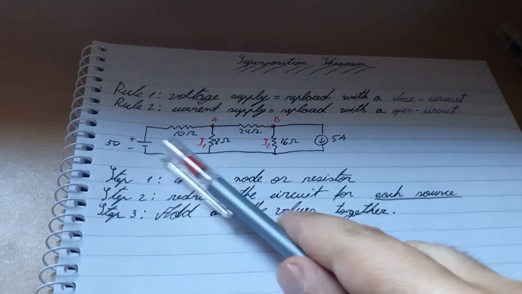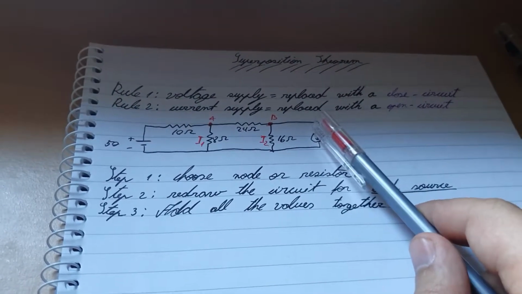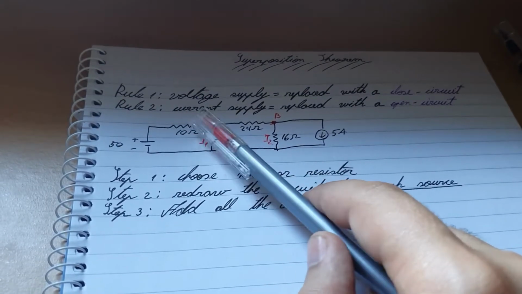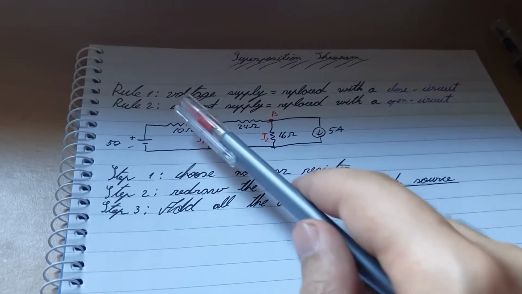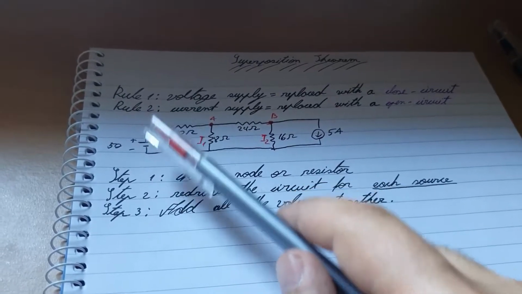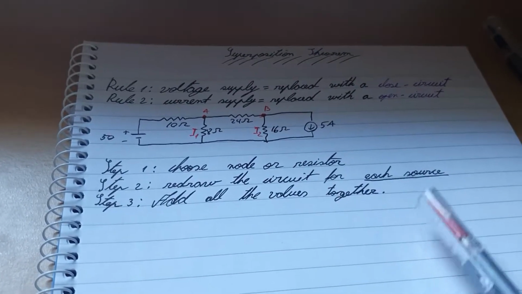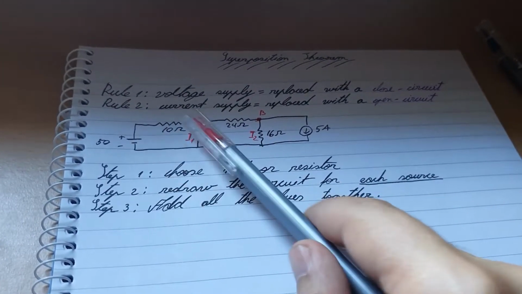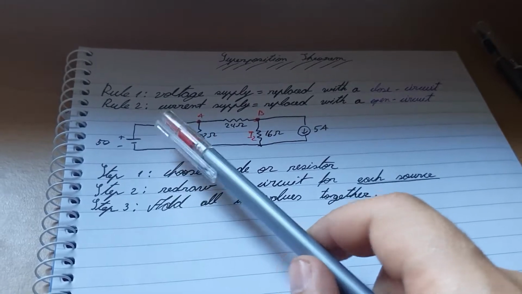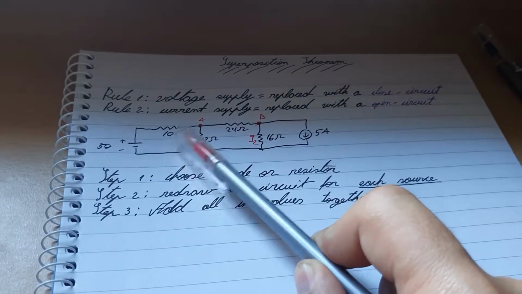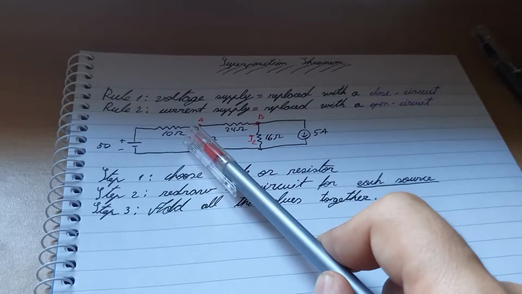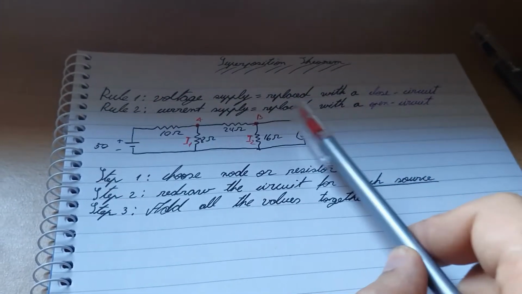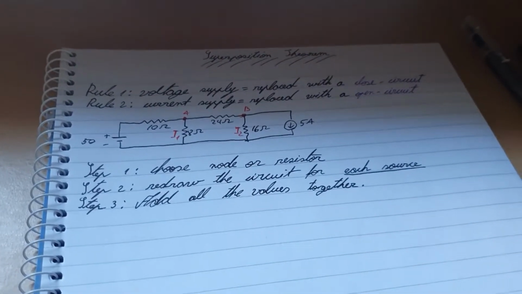However, if you have many voltage supplies, then this theorem doesn't work. Let's say you have another two voltage supplies here. Then you'll have to redo the circuit 4 times because you need to do it for each source. While if you use loop analysis, like mesh analysis, you take all 3 voltage sources and loop once, which will make it easier than redrawing the circuit 4 times.